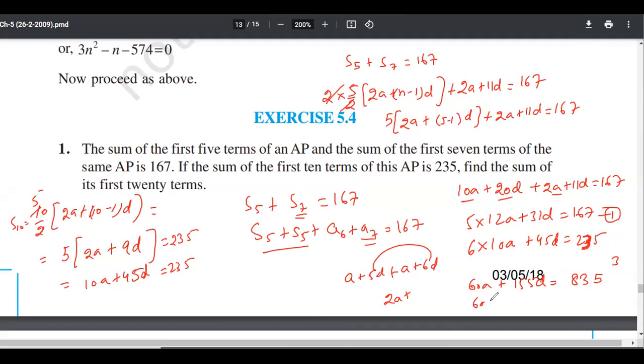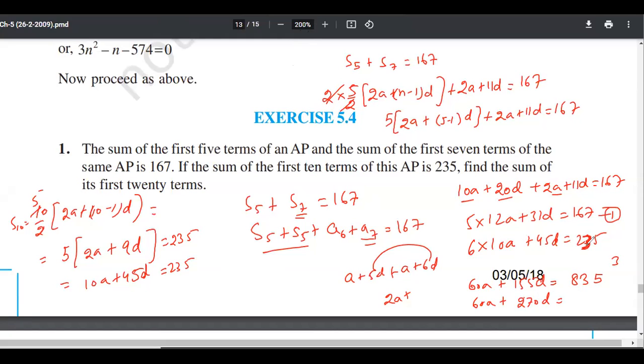Now we have 60a plus 45d, sorry, you have to multiply this one also by 6, so if I multiply it by 2, I get 90a plus 270d is equal to 635.